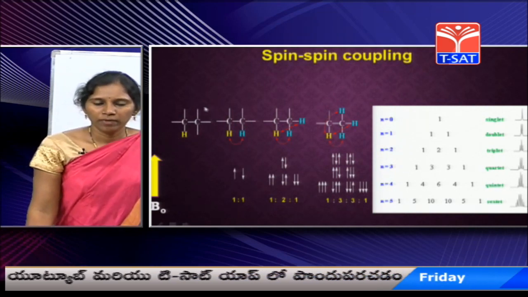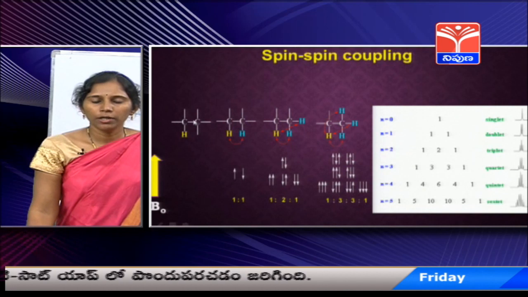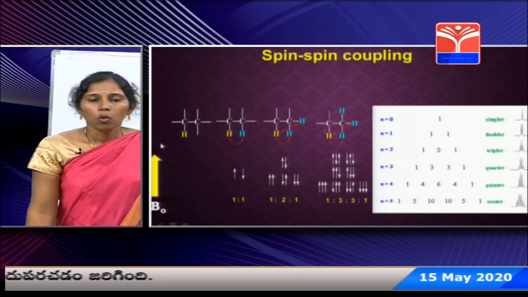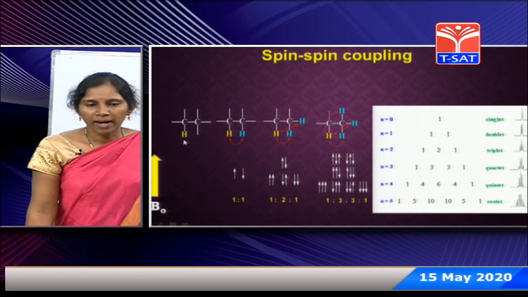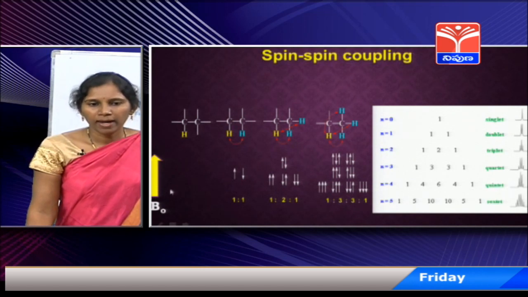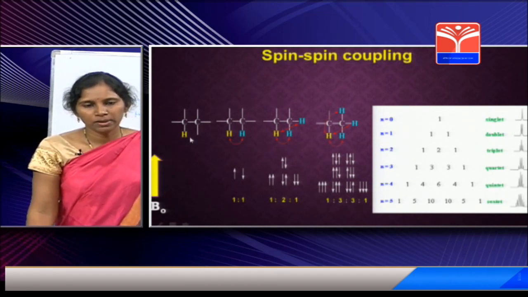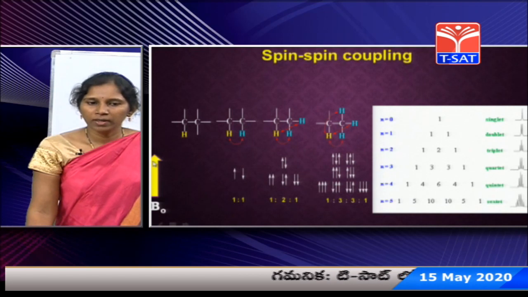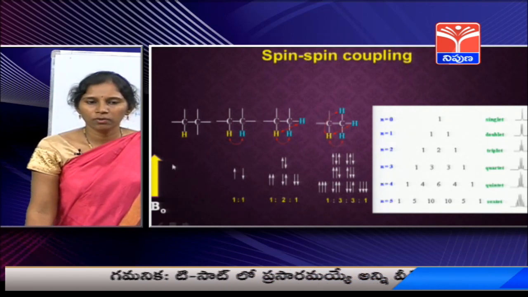In this situation, when we keep this molecule in the NMR machine, what will be the magnetic field experienced by this yellow colored proton? That is B naught only. Only one magnetic field strength will be observed, and depending upon the precessional frequency, it will give a peak.